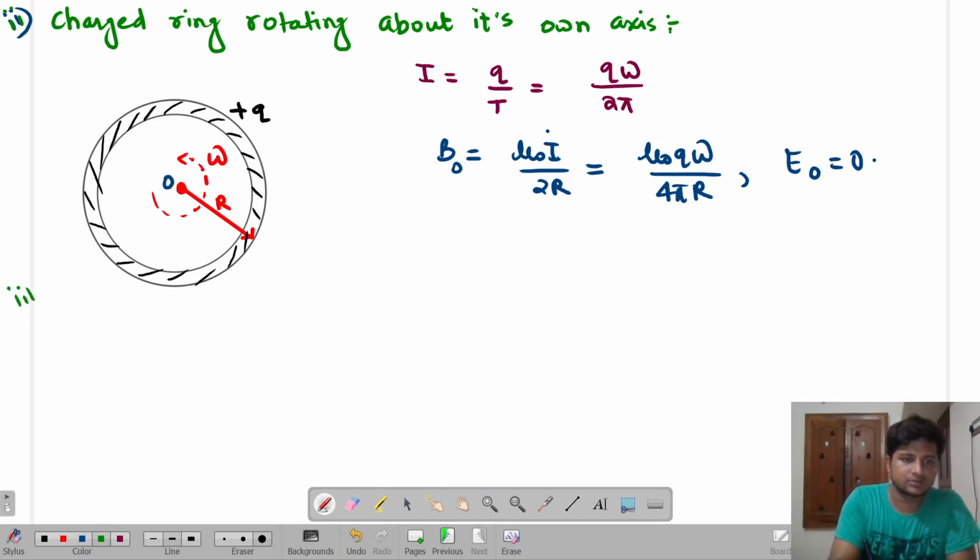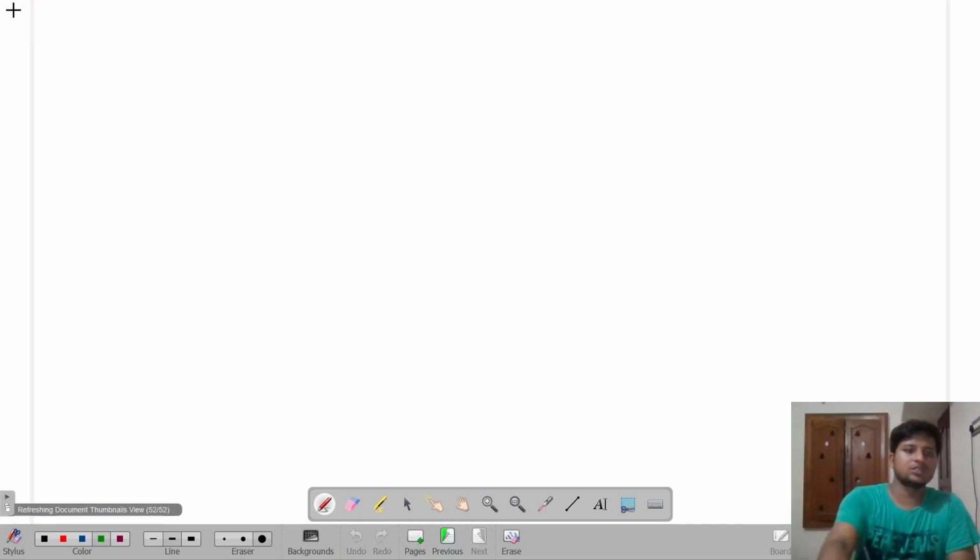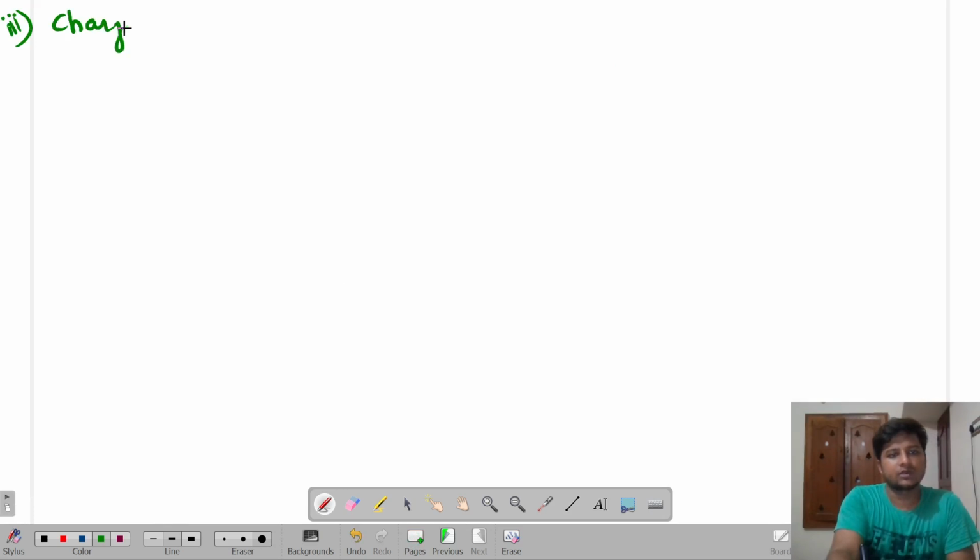Third case, charged disk. I think charged disk will take a lot of integration, so let us do it separately. The third example of it, just consider a charged disk rotating about its own axis.